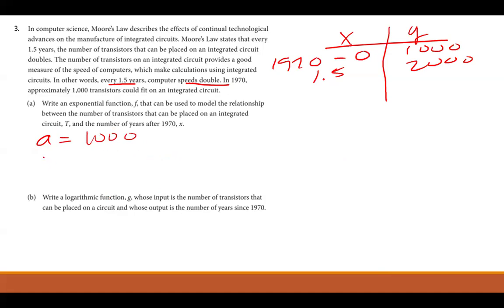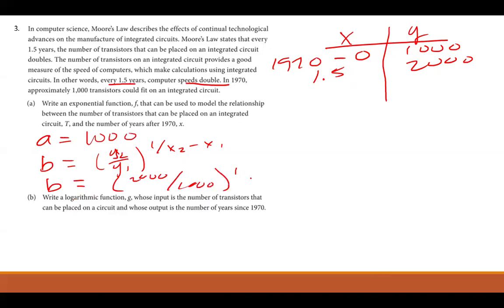All right. Next, we got to find our B. Our B equals our Y2 divided by Y1 to the 1 divided by X2 minus X1. Do I have enough to calculate my B? I have 2 Y's and 2 X's, so I have plenty. So we have B equals 2,000 divided by 1,000 to the 1 divided by 1.5 minus 0.